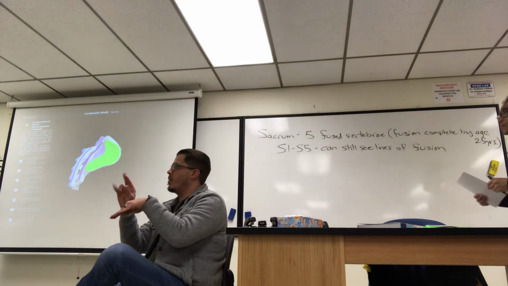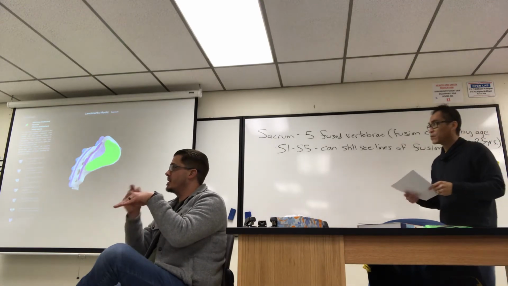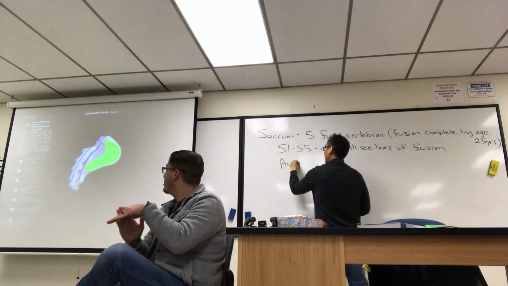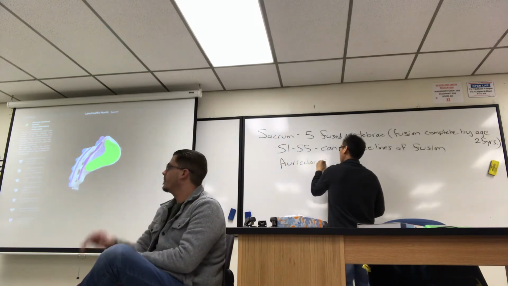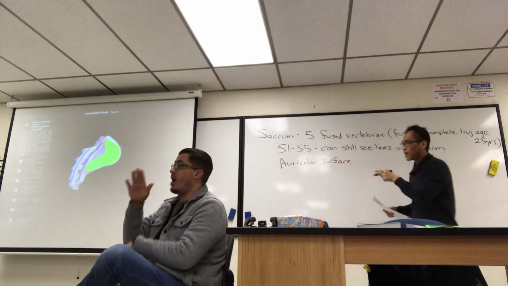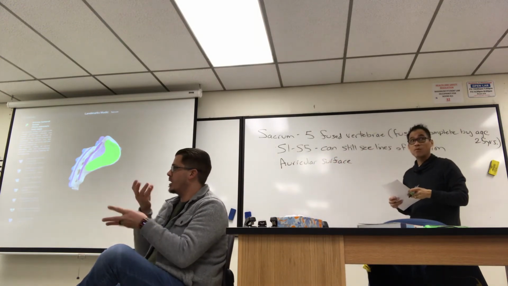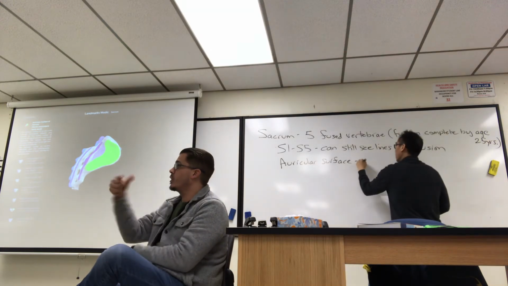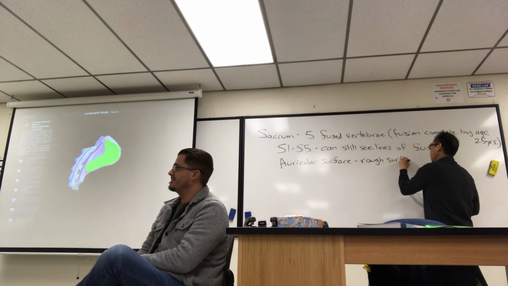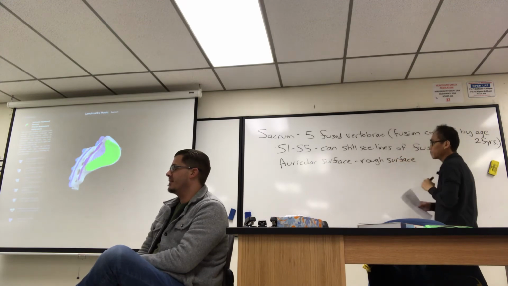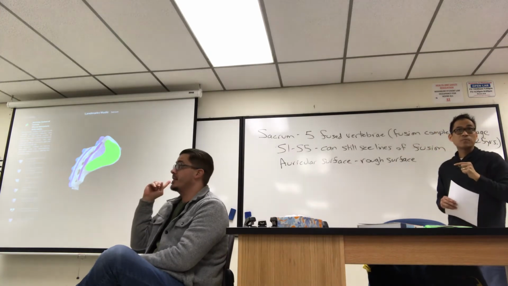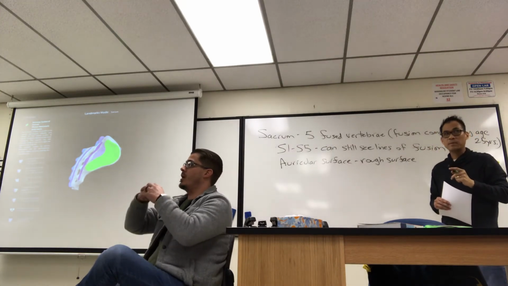Auricular means ear, so it's an ear-shaped surface. When you see it on the bone, you'll see that it's not a smooth surface, it's very rough. I want you to know it because this is the surface that articulates with the iliac bone of the hip.